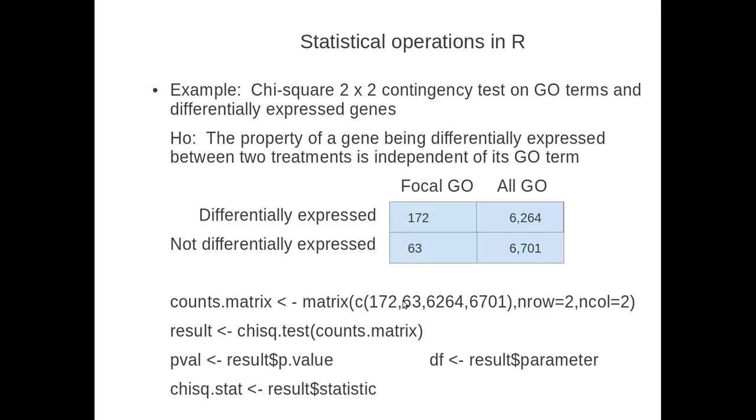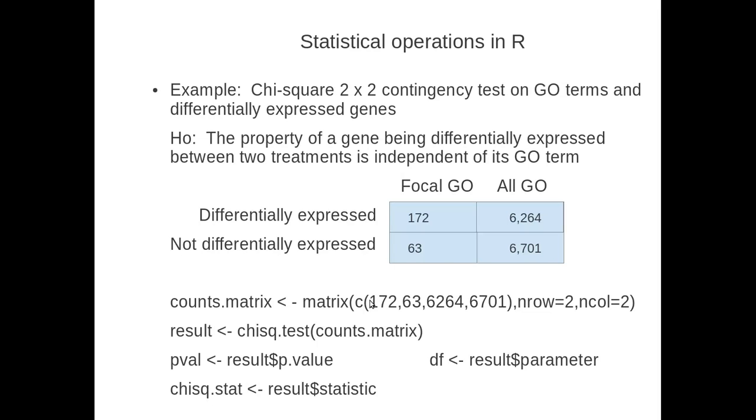What this gives you is a 2x2 table, because it has 2 rows and 2 columns. It fills by column, meaning 172 and 63 are in the same column, and 62, 64, 6701 are in the second column.